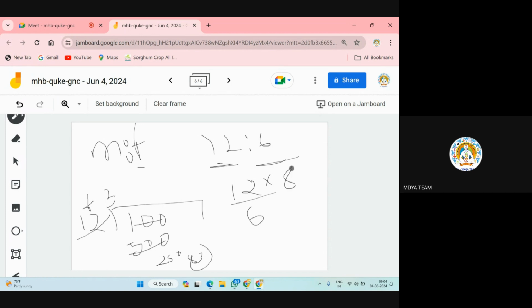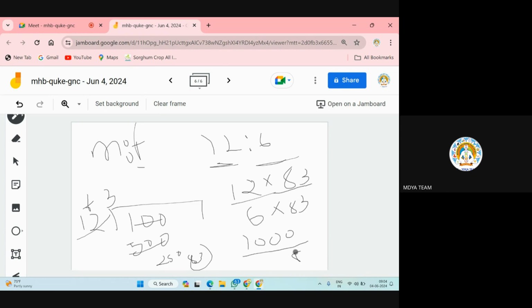Around 83. So if you multiply this 12 by 83, 1,000 will come. But if you are multiplying something in the numerator, you have to multiply the same number in the denominator. So just solve it.